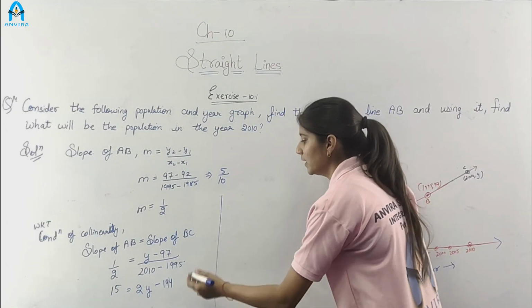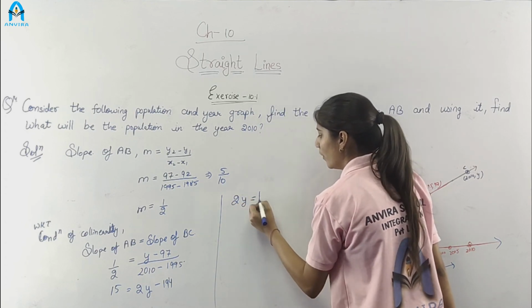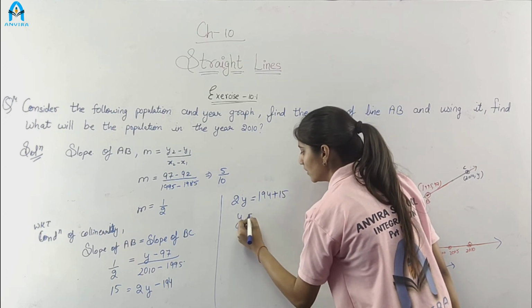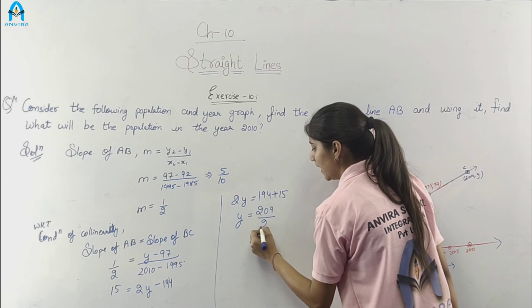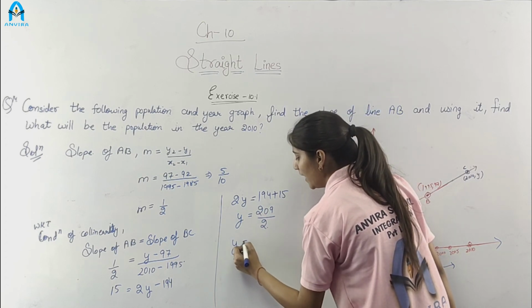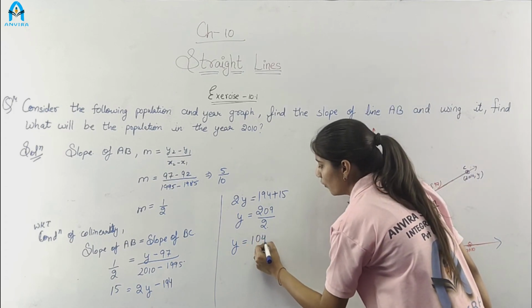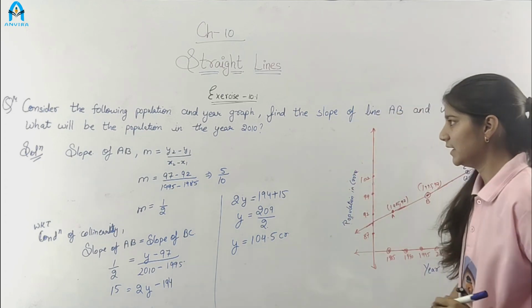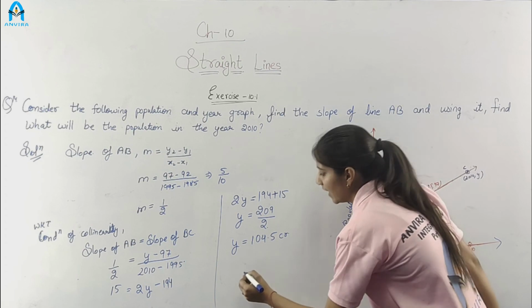Then from here we get 2y is equal to 194 plus 15. So y is equal to 209 divided by 2. So y is equal to 104.5 crore. Since it is the population given, it is 104.5.